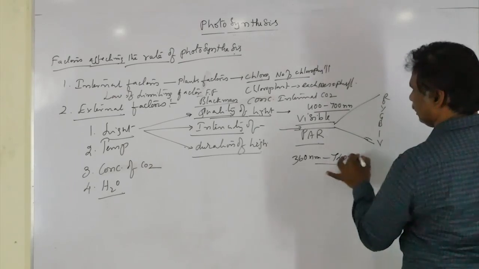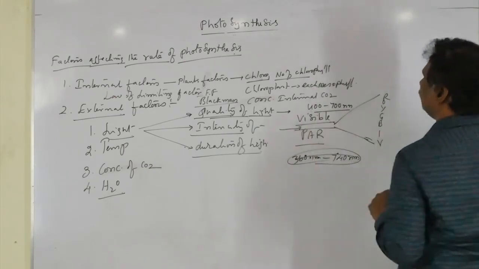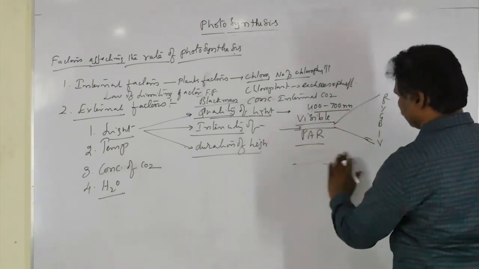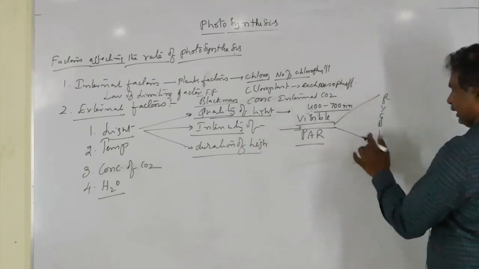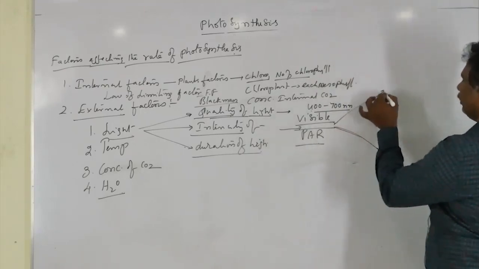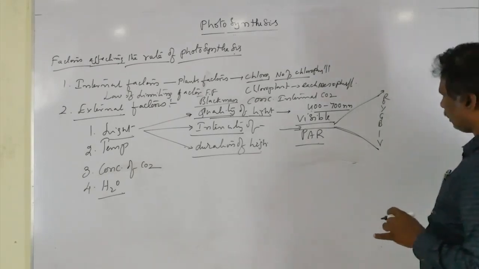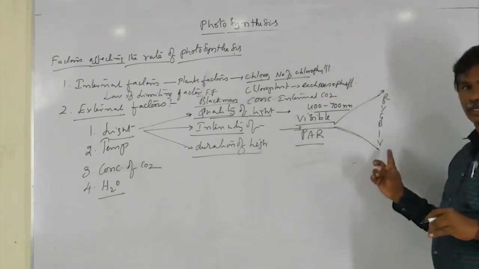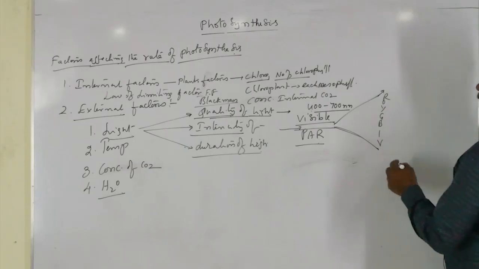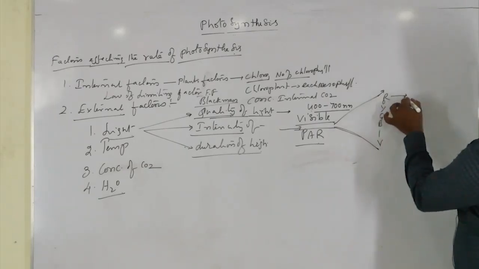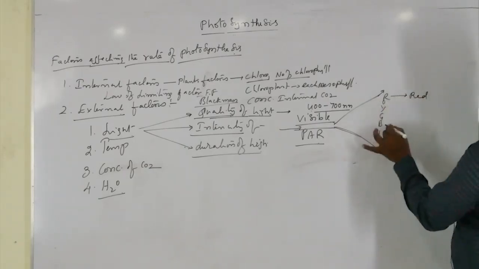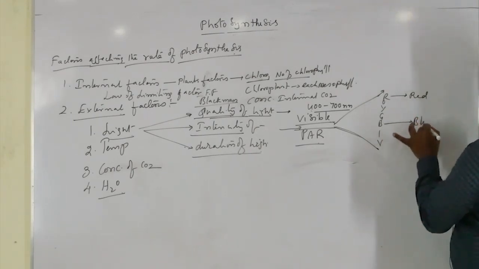740 nanometers. But for our convenient purpose, 400 to 700 nanometers, that is visible light, is highly suitable to photosynthesis. In this, you know very well, VIBGYOR. In that VIBGYOR, the most suitable light for photosynthesis is red light, followed by blue light.